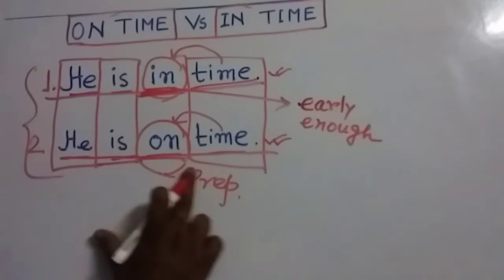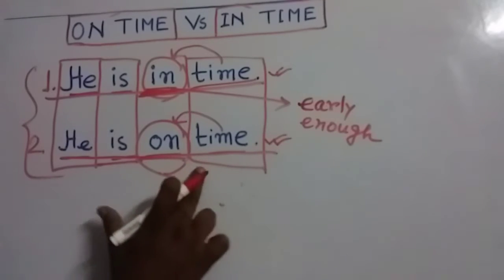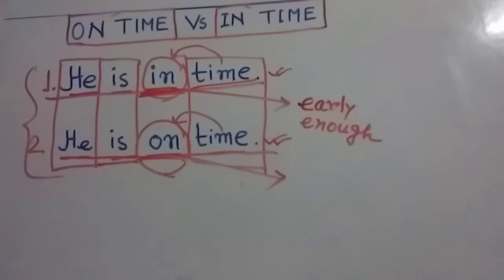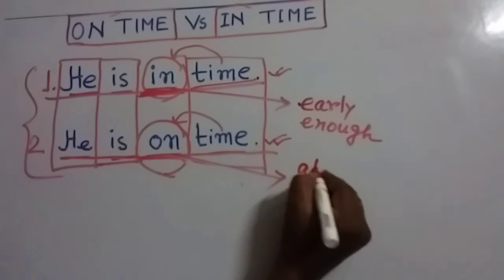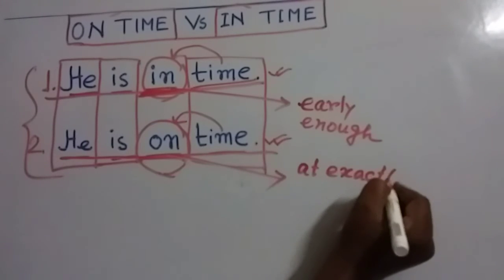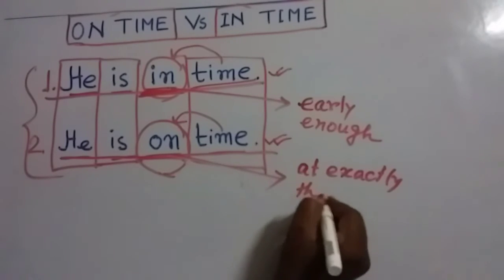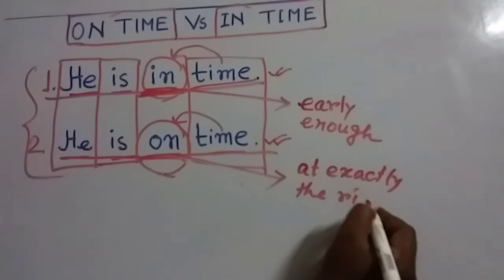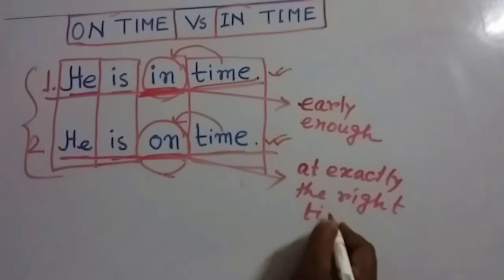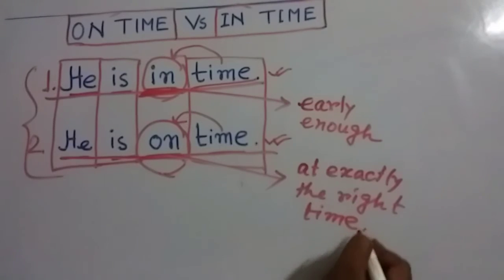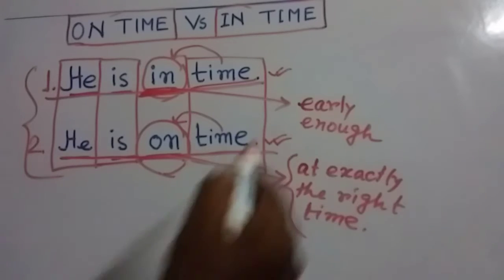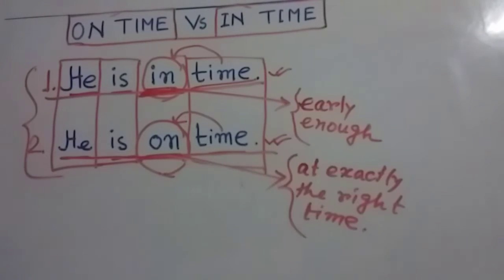And "on time" means at exactly the right time. My dear friends, try to understand the difference between these two groups of words.